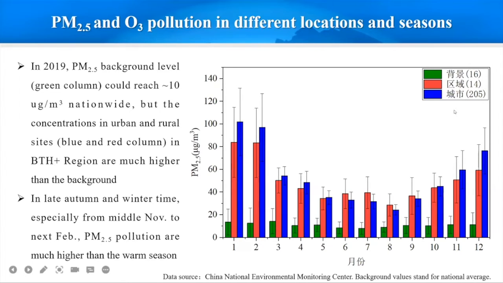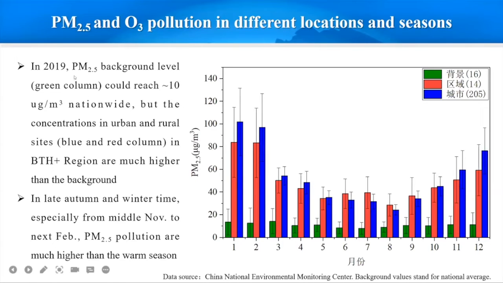This red column shows the regional average concentration, and the blue columns show the average of the monitoring data from the rural area and from the urban area.